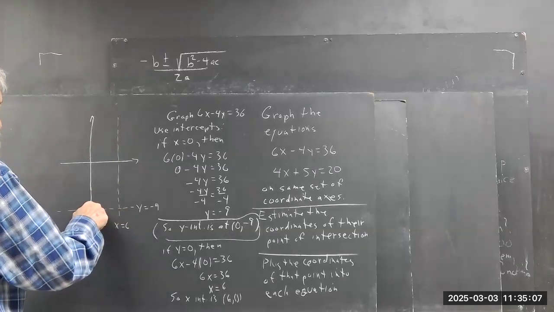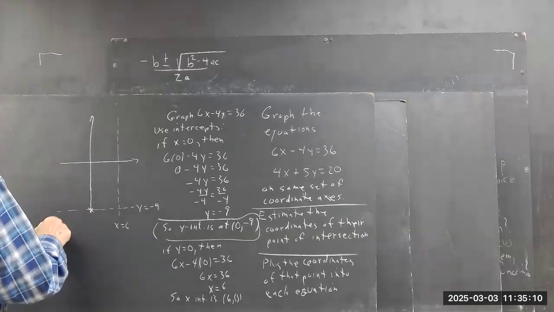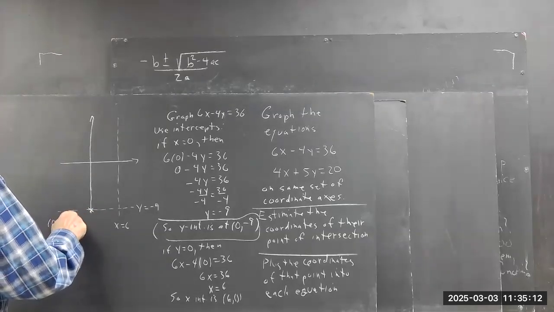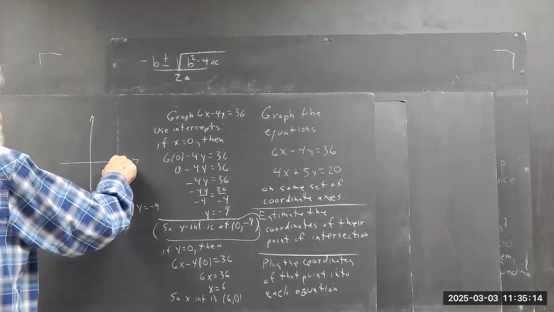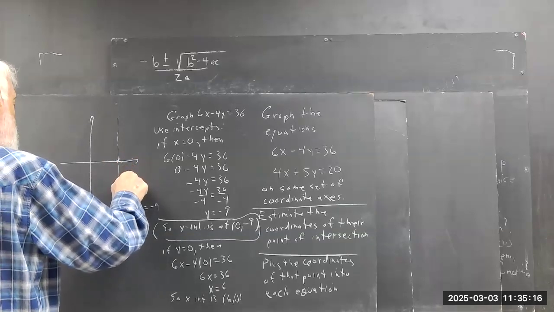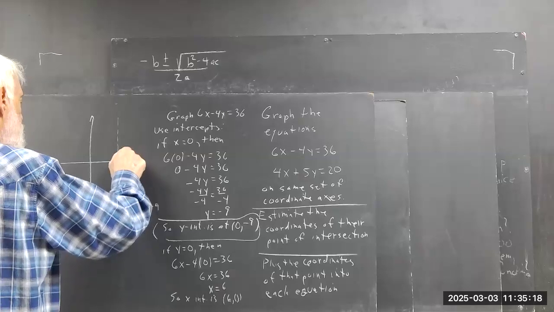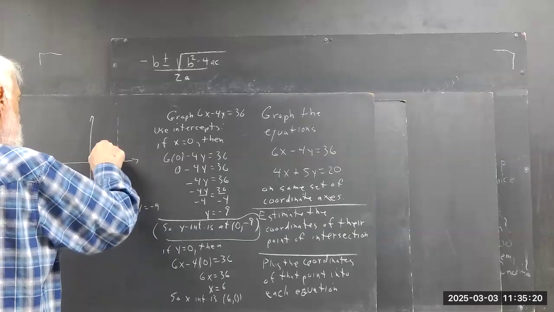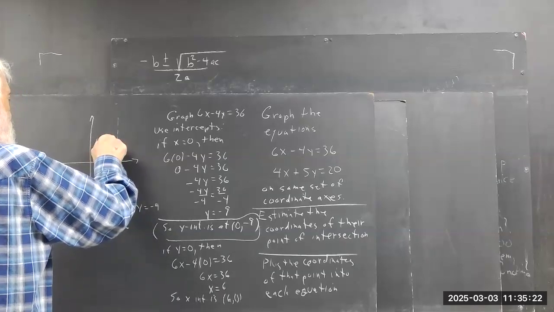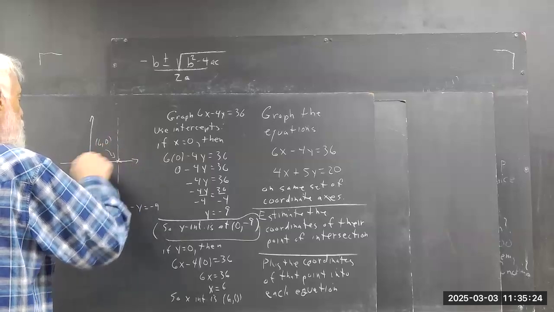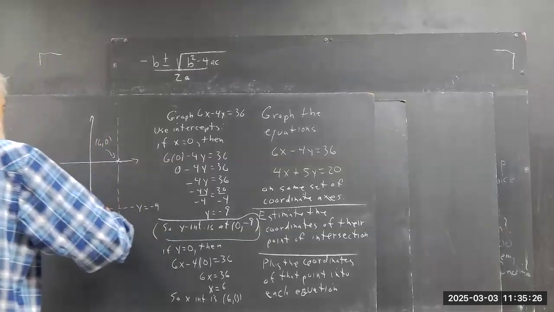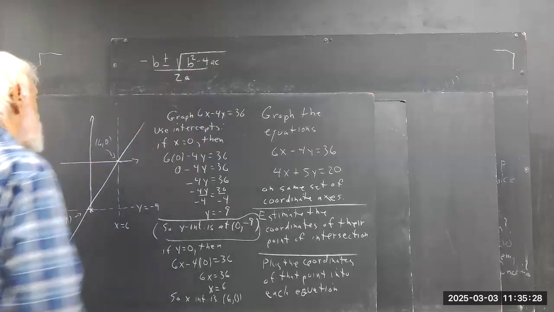Now, here's the point 0, negative 9. And here's the point 6, 0. And I can draw the straight line through those points.